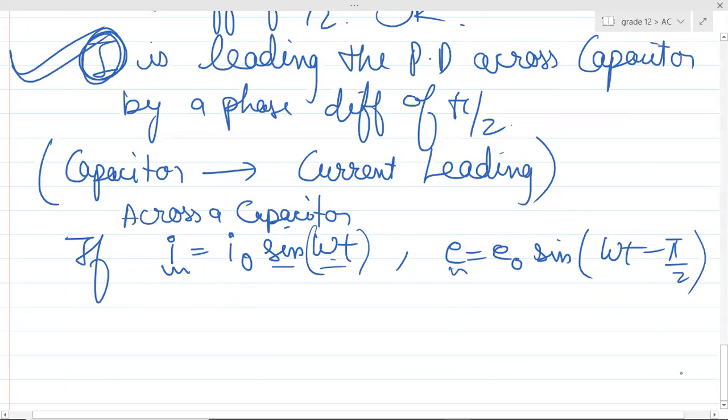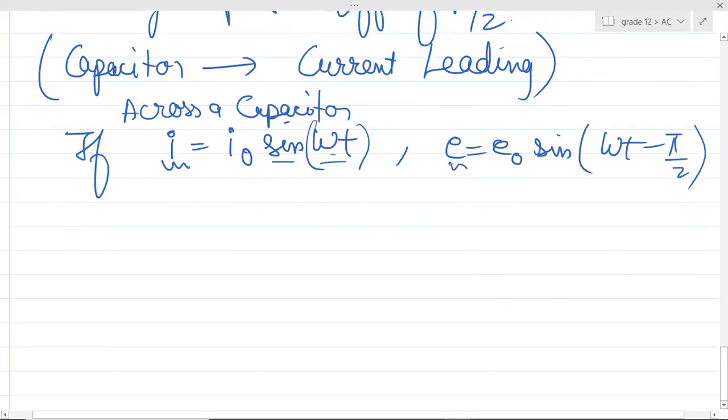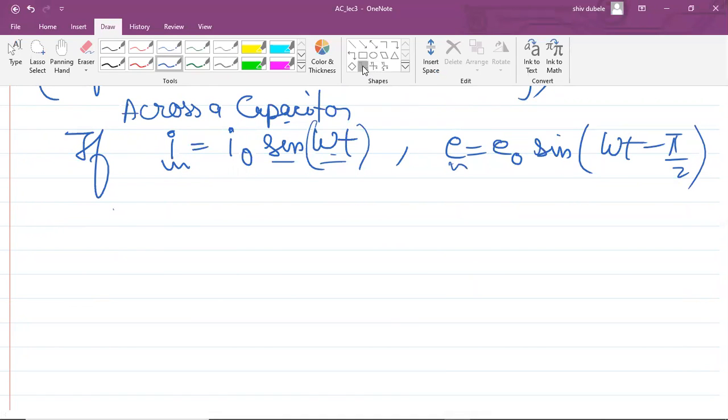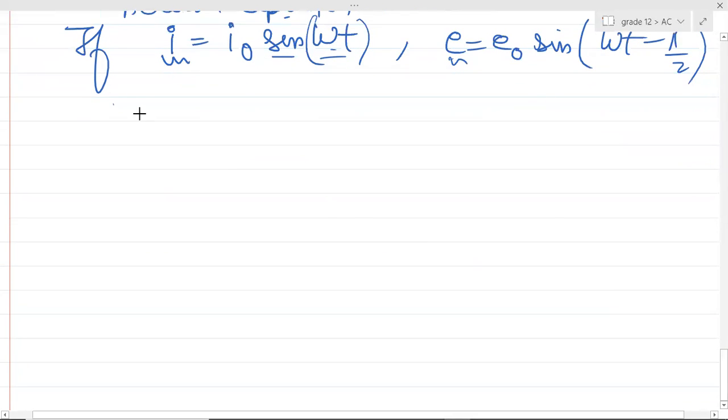Is this clear? Shall I draw a diagram? Guys, shall I draw a diagram? Yes, sir. So let me draw it; the diagram will be a little big.